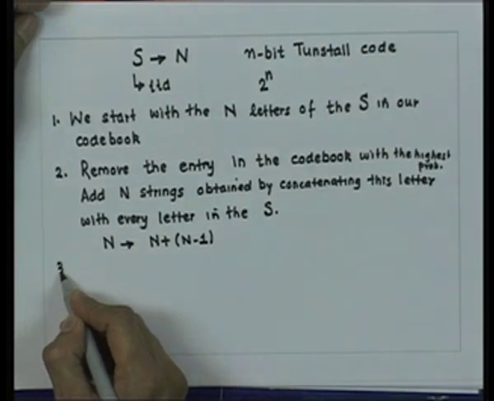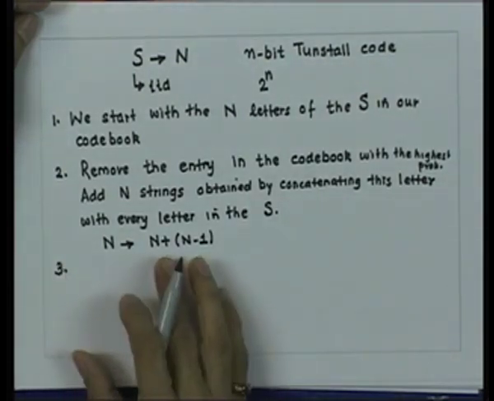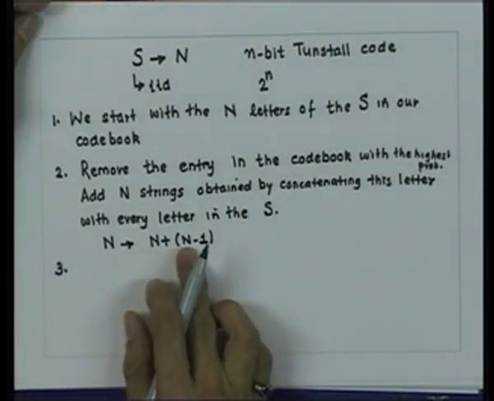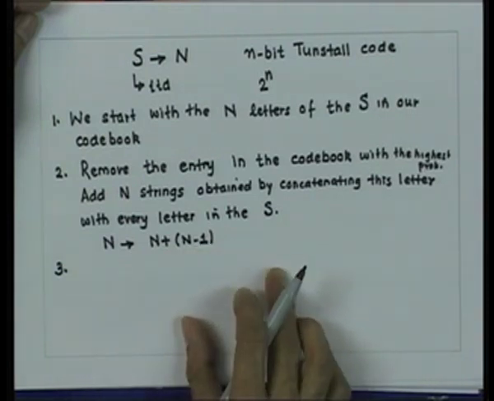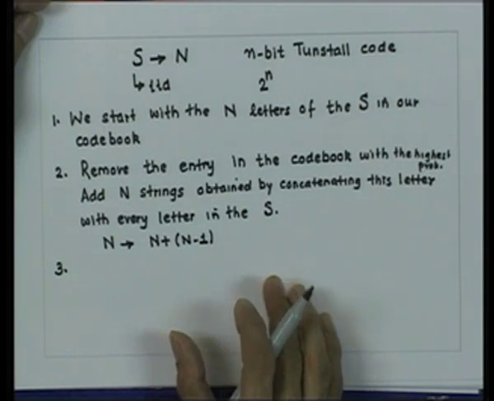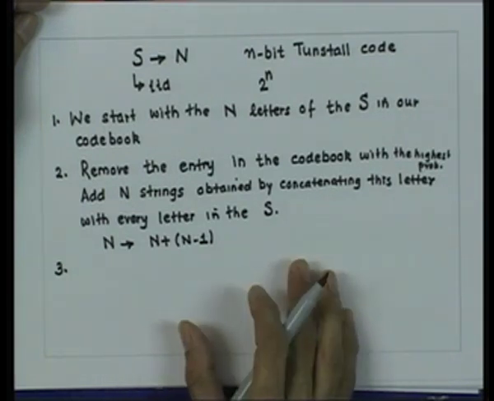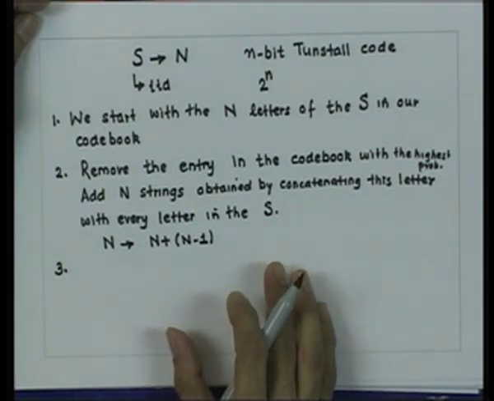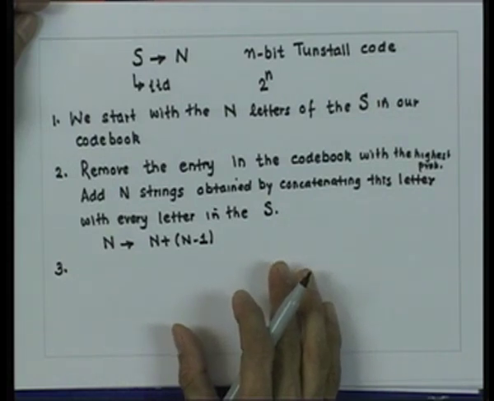And now look through the n plus n minus 1 entries in the code book and find the entry that has the highest probability, keeping in mind that the entry with the highest probability may be a concatenation of symbols.